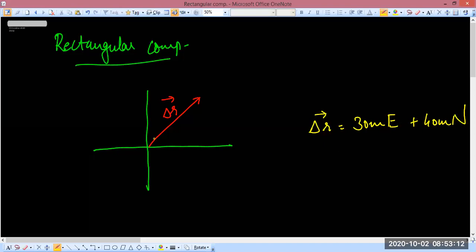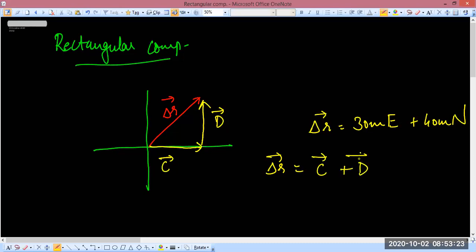I wrote it as a vector c plus a vector d, right? And this is a right angle.